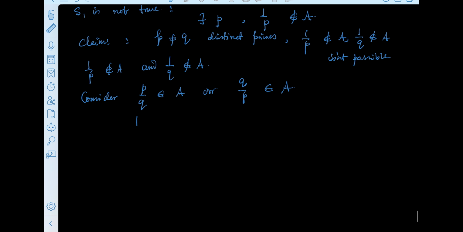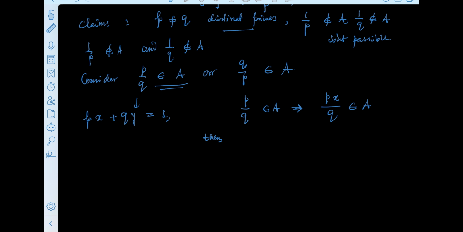And p and q are distinct primes. As p and q have no common factor because they are distinct primes, we find integers x and y such that px plus qy equals 1, right? Now let us assume p/q is inside A. Then px/q is inside A because A is a subring. Then px/q plus y is inside A because y is an integer, and every integer is inside A because A is a subring.